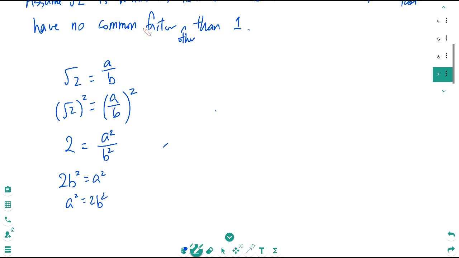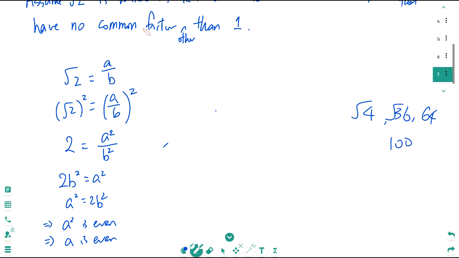When a number equals 2 times something, it means a squared is even. Because a squared equals 2 times something, a squared is even. If a squared is even, a is also even. Think about all the even square numbers: 4, 36, 64, 100.